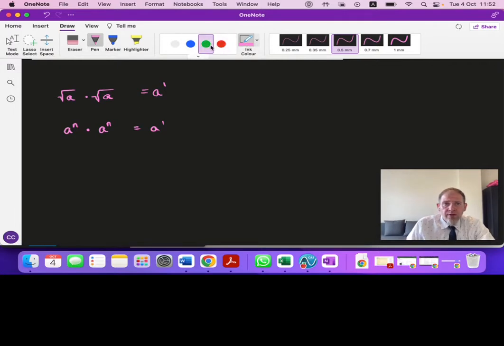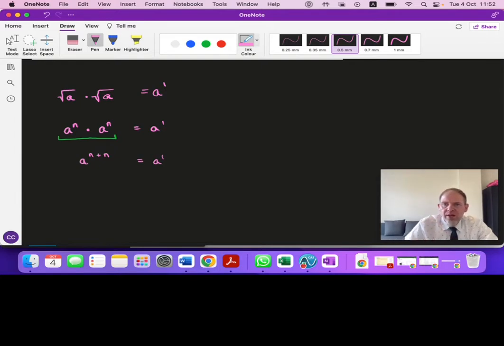Now, looking at this left-hand side of my equation, that's an index law. Specifically, that index law is I multiply two indices that have the same base together, I just add the indices together. So that would turn into a to the n plus n, and the right-hand side hasn't changed at all.